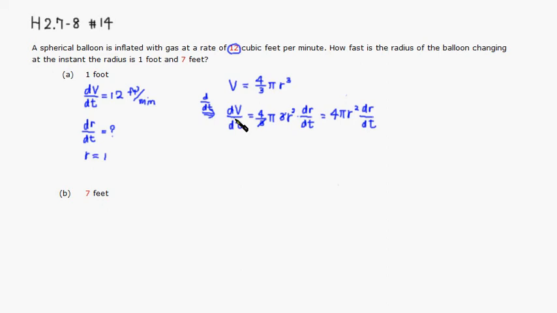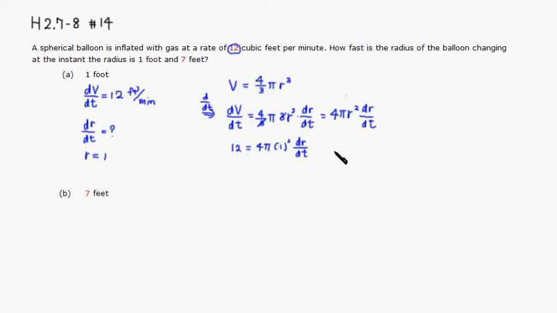Then plug in what we already have. dV over dt is 12, so 12 equals 4 pi, which is just a constant, times r, which is 1, squared, times dr over dt.